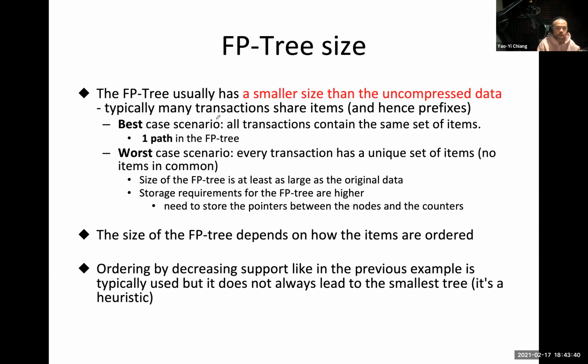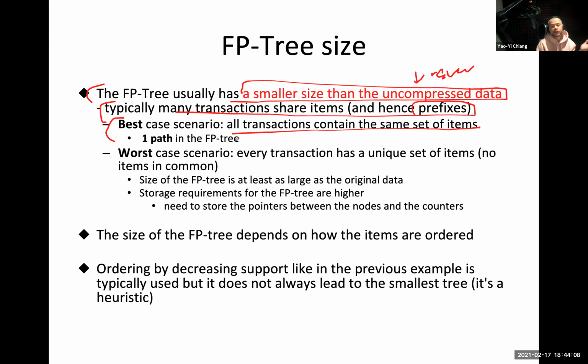So let's look at the tree size. This FP tree usually has a smaller size than the uncompressed data. Well, when we say uncompressed, this is the raw data set. Typically, many transactions share items so that they share this prefix or the path going into the leaf node. The best case scenario is all transactions contain the same sets of items. Everyone shares the same path, so you have one path in the FP tree.